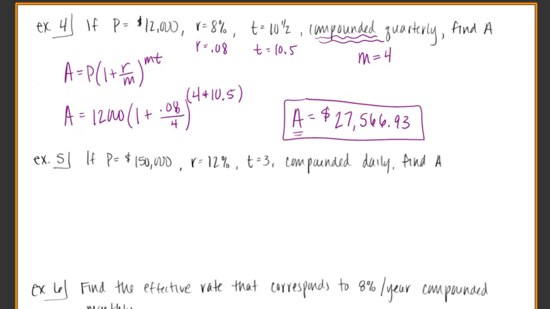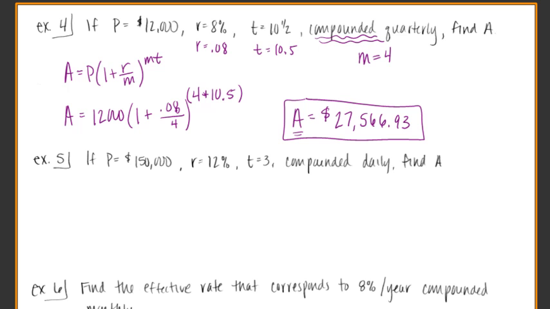Again, how I did this in my calculator is I just typed in 12,000, I opened a parentheses, and I used a graphing calculator, by the way. I did 1 plus just 0.08 divided by 4, close parentheses, caret, open parentheses, 4 times 10.5, close parentheses. That's all I did. Okay?